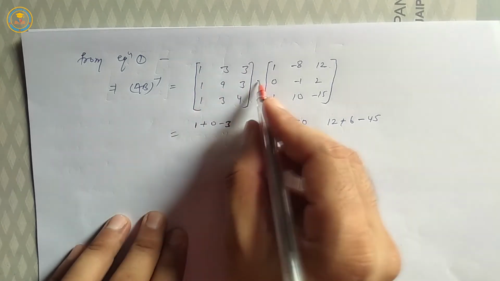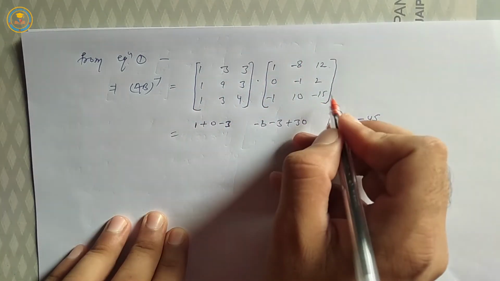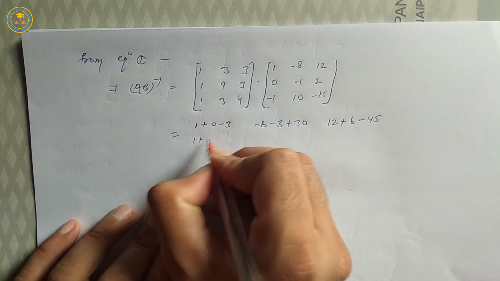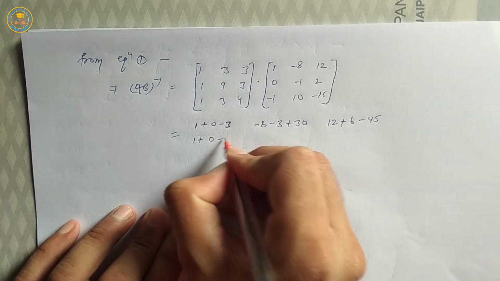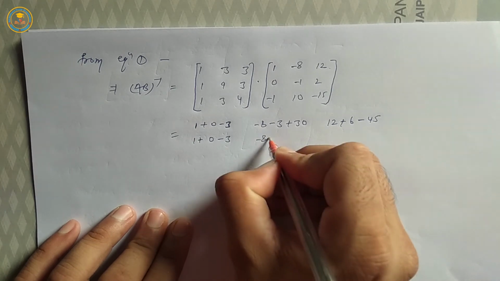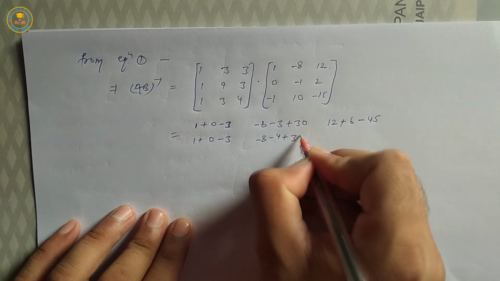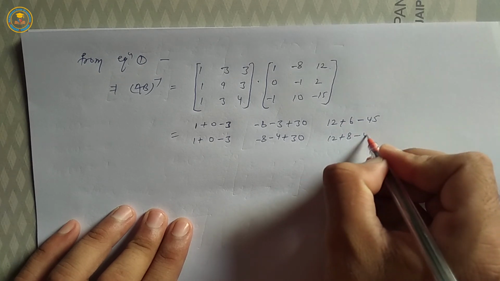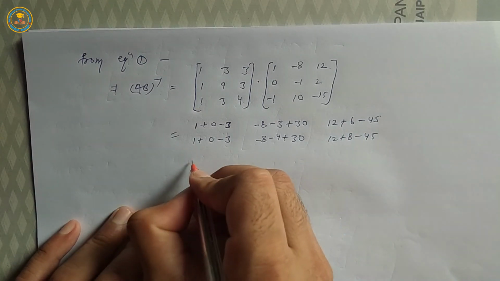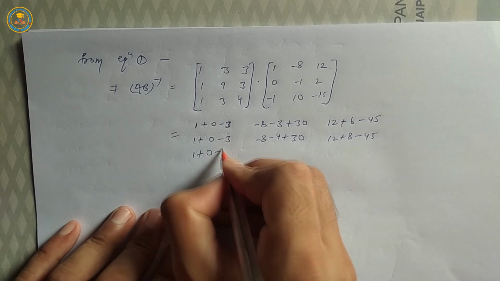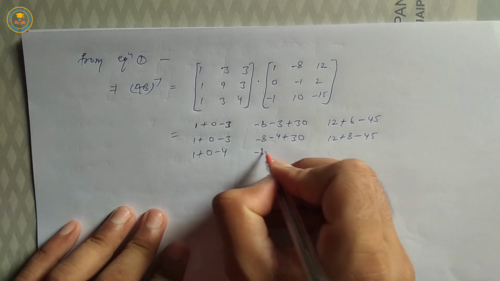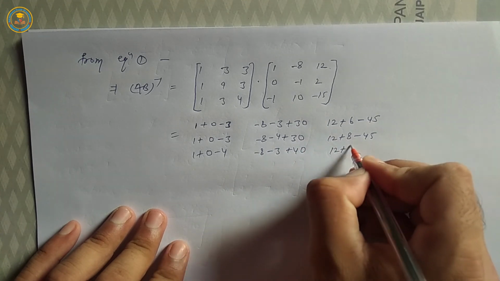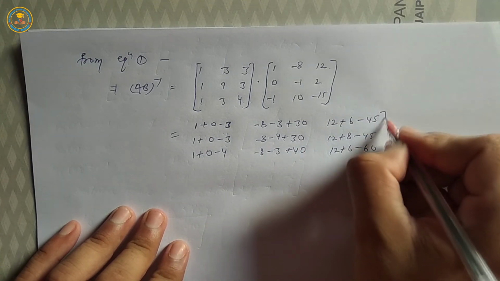Similarly second row first column, second column, third column. Okay, 1 plus 0 minus 3, minus 8 minus 4 plus 30, 12 plus 8 minus 45, 1 plus 0 minus 4, minus 8 minus 3 plus 40, 12 plus 6 minus 60.